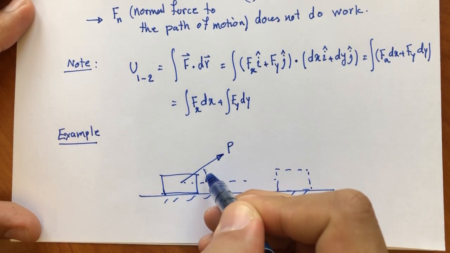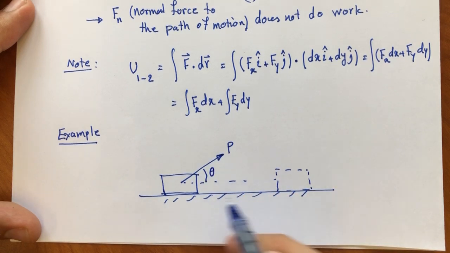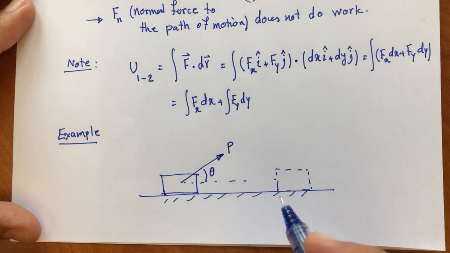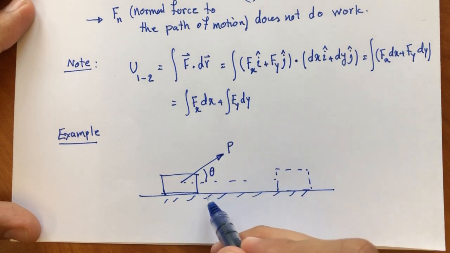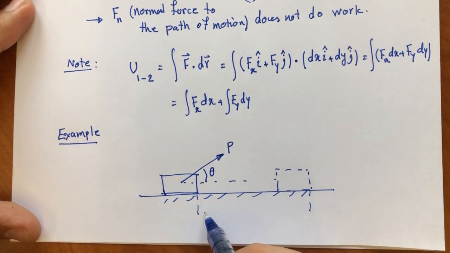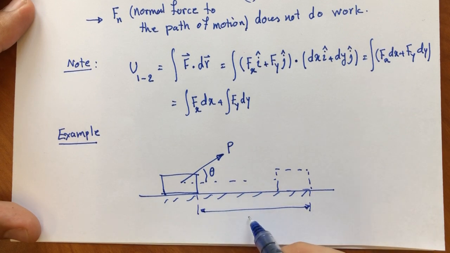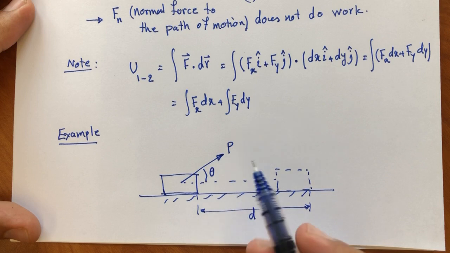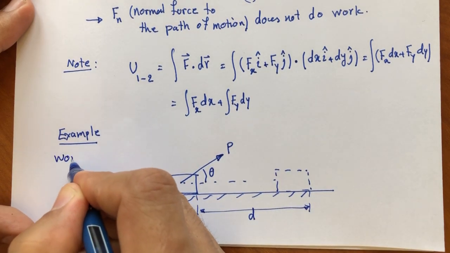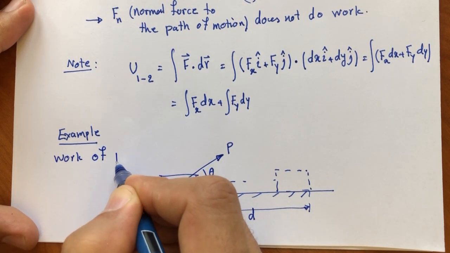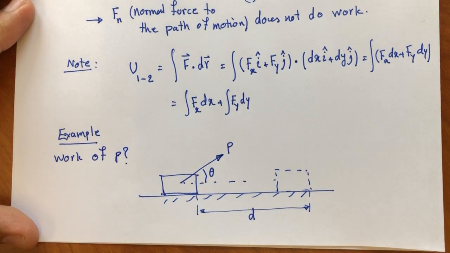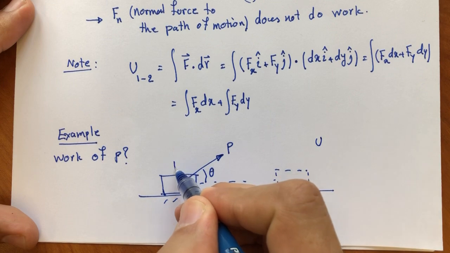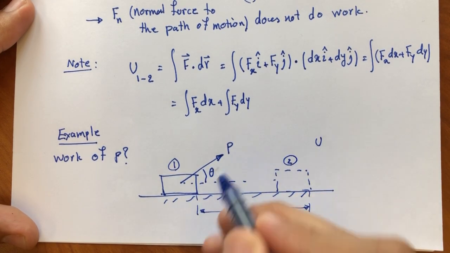Let's say the direction of the force is theta from the horizontal direction, and always is going to have this angle from the x-axis, and the displacement is d. Now, what is the work of this force during this displacement from here to here? So based on that equation, U from 1 to 2 of this force.